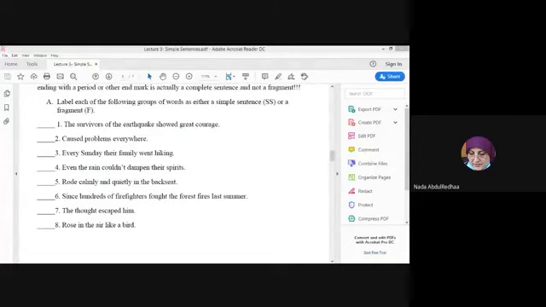Now, the second one, Safa: "Caused problems everywhere." This is a fragment because the verb is missing.